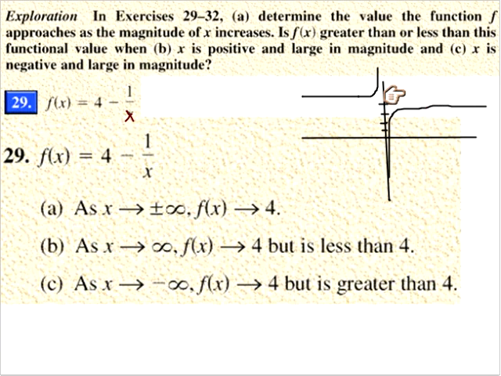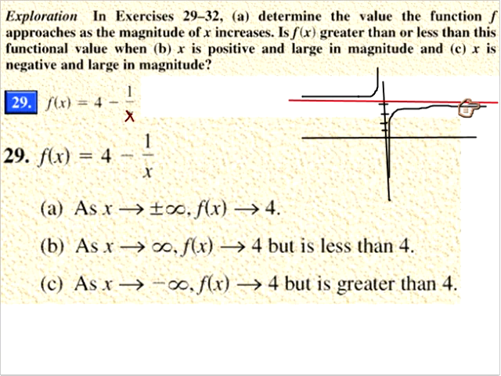Now let's look at it as x goes to infinity. Yes, it's getting closer to 4. However, your graph is actually under 4. It's less than it, right? So if my asymptote were this red line, and that red line is the number 4, the graph as x goes to infinity is underneath that red line.